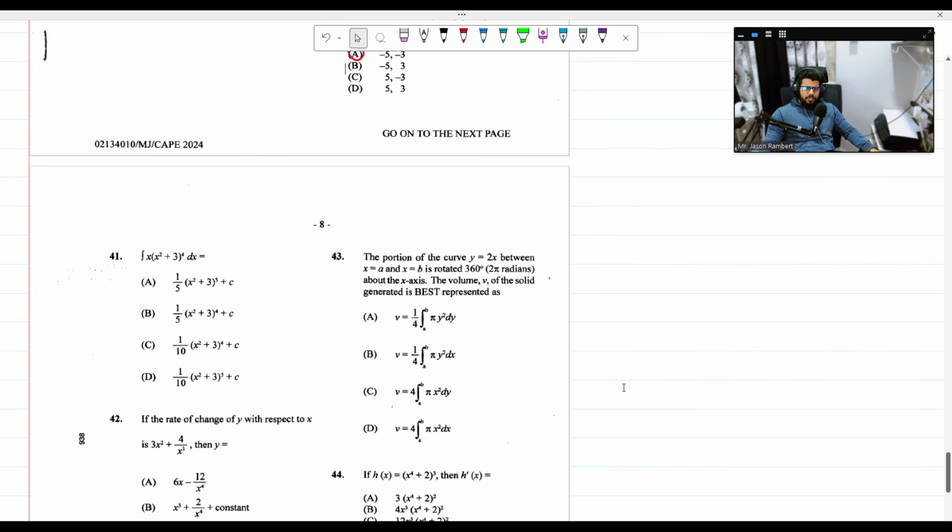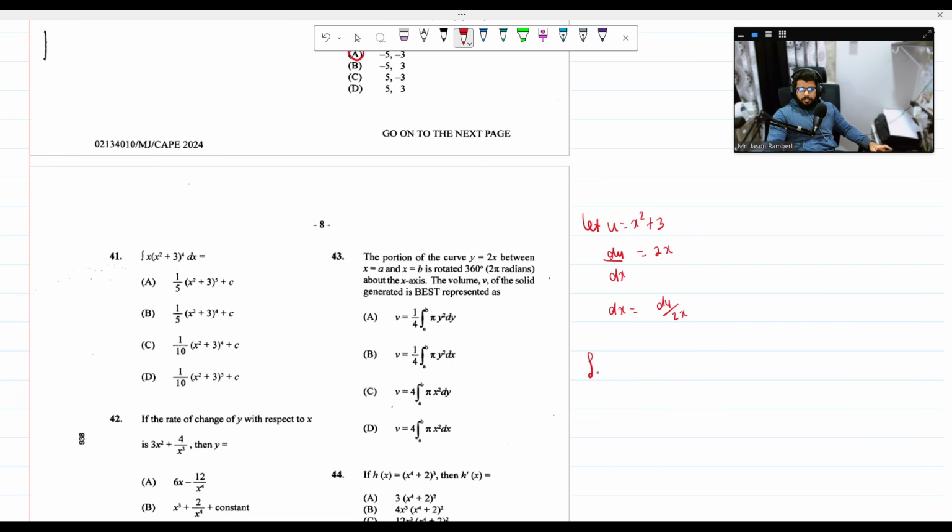Ooh, the integral of this. So we can make a substitution here, right? We can let u be x squared plus 3. So if I let u be x squared plus 3, du/dx is going to be 2x, and dx is going to be du over 2x.